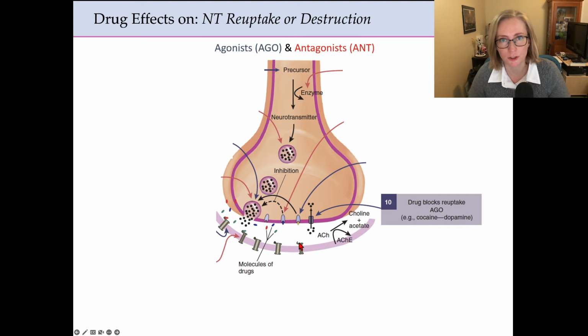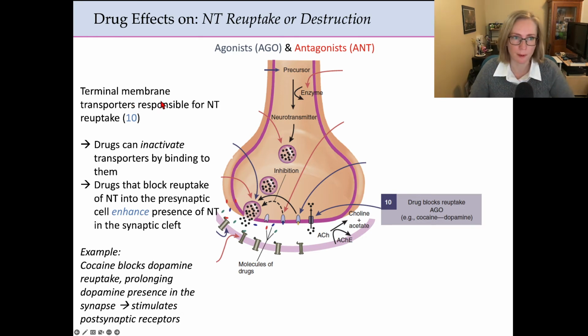It can go bind to a receptor again. So just like with an SSRI and serotonin, this is going to end up artificially enhancing how much dopamine is in the synapse, right? So it's going to be an agonist because it enhances the effects of dopamine at this synapse.